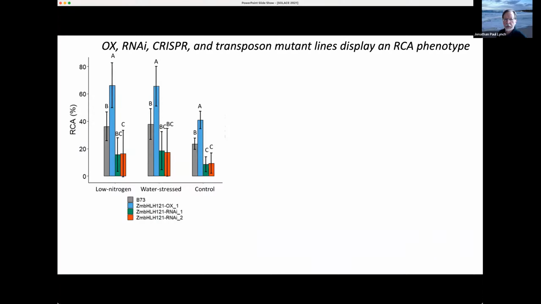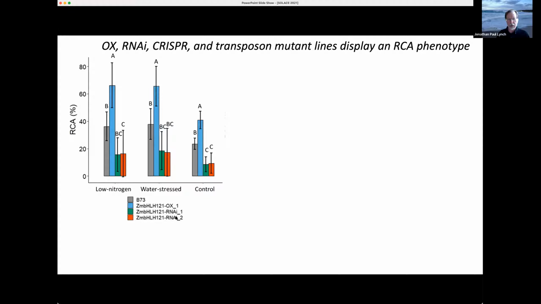We developed overexpression lines, RNA interference lines, and CRISPR lines to change this gene to see if it affected the RCA phenotype. Here we see RCA phenotype on the left under low nitrogen, water stress conditions or controlled conditions in the field. B73 is our wild type. When we overexpress this gene, we increase parenchyma formation.